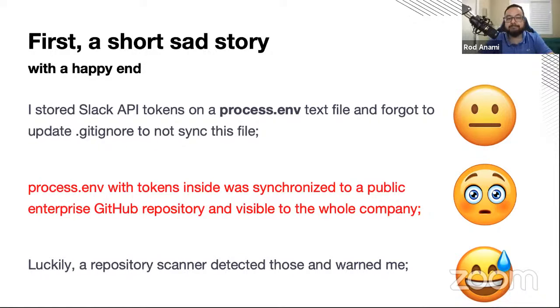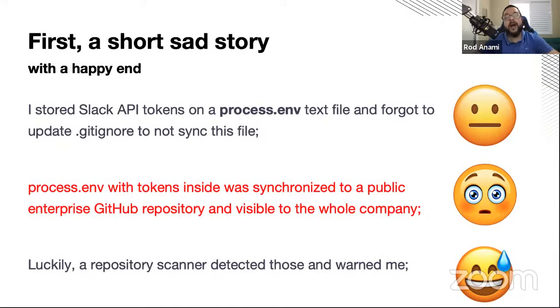That's not nice, folks. And luckily, and I'm thankful for that, we had a scanner that was able to detect that I published it and made those tokens available on a public GitHub repository, and that warned me within hours. So I was able to fix that before it was a real security breach or security problem.